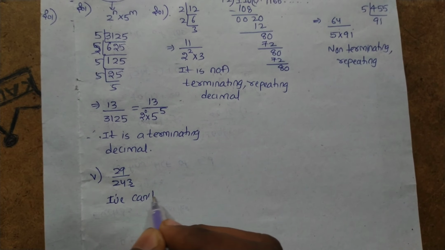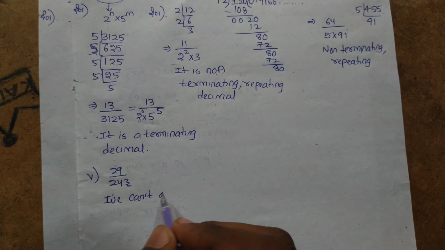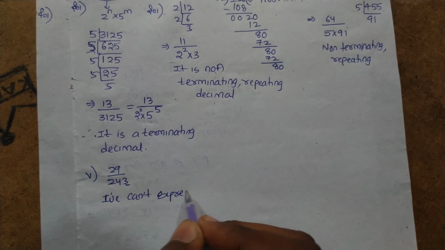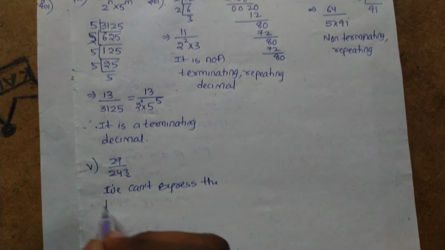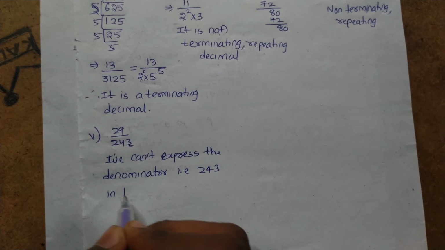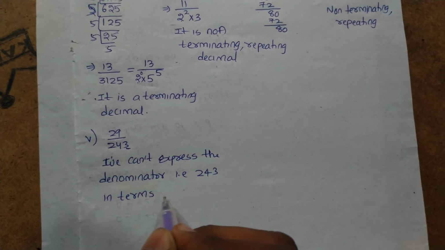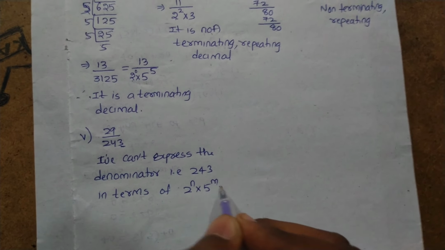Okay, for every question you have to write these things. We can't express the denominator, that is 243, in terms of 2 power m into 5 power n.